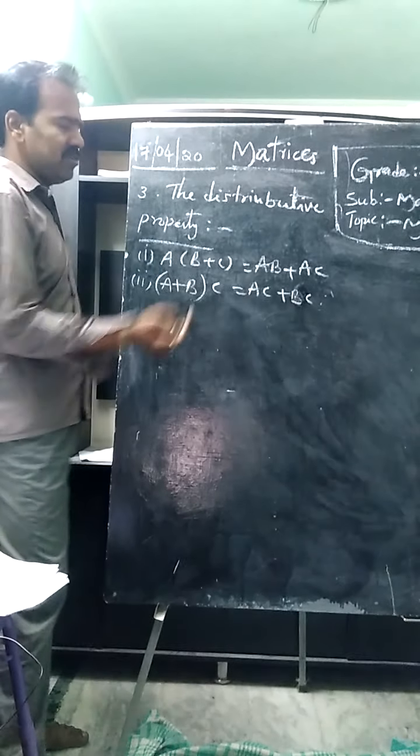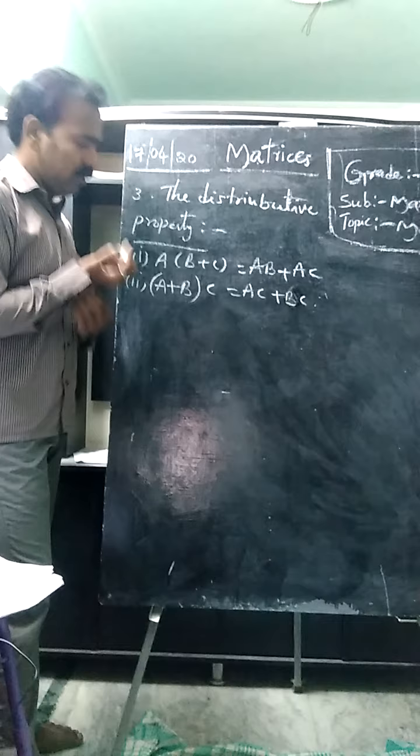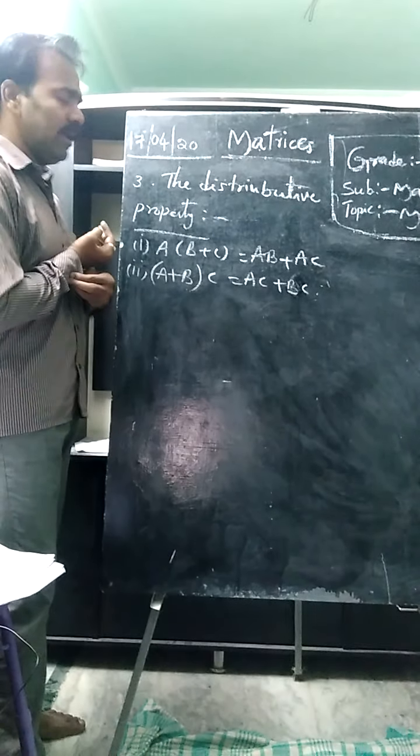Here A is distributed among B and C. Here C is distributed among A and B.